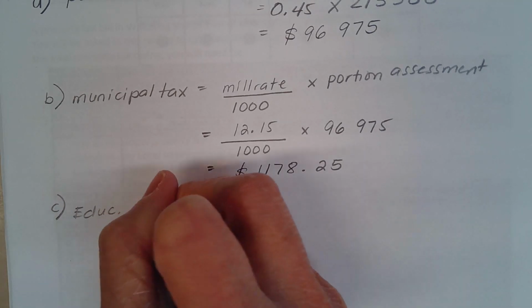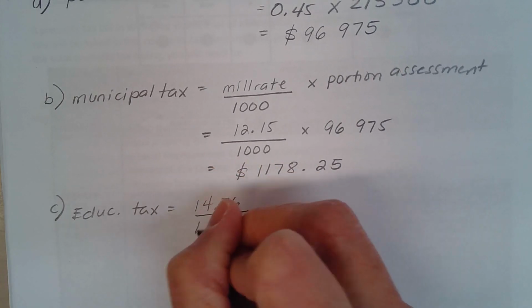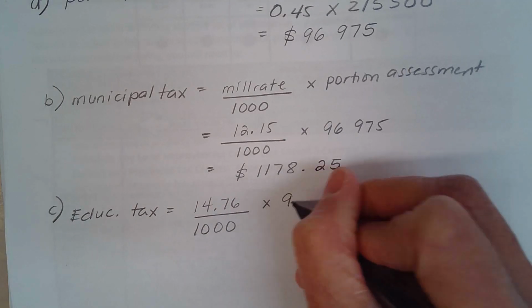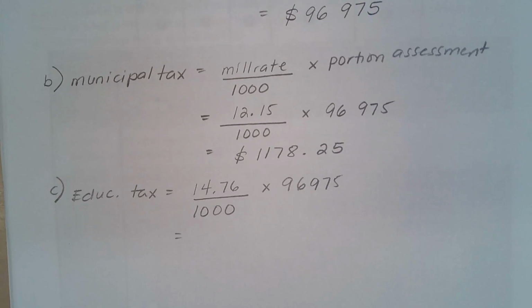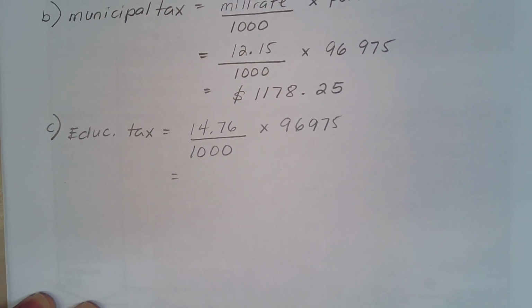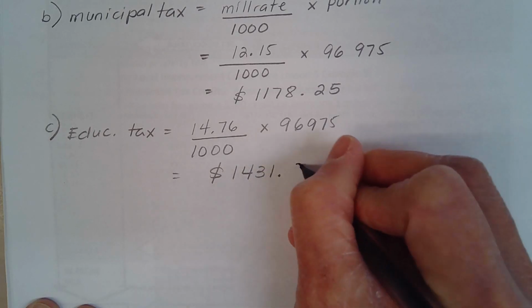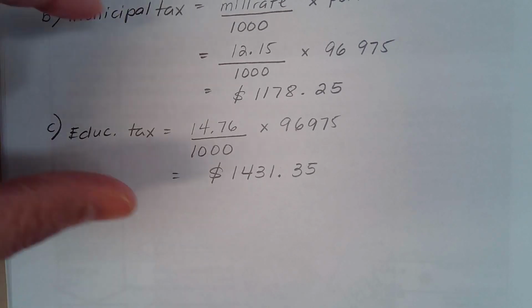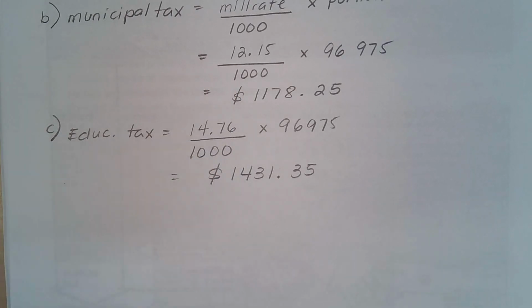The mill rate is 14.76 mills per thousand times 96,975. So education tax would be $1,431.35.